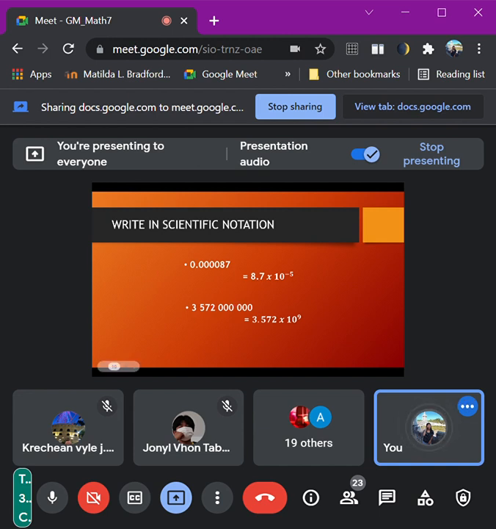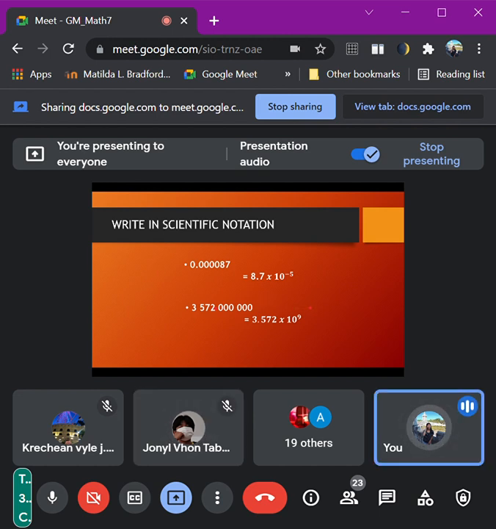So, we have here 3,572,000,000 as given. So, we're going to change this into scientific notation. Our given here, class, is it in decimal form or in whole number? Whole number. Okay, whole number.